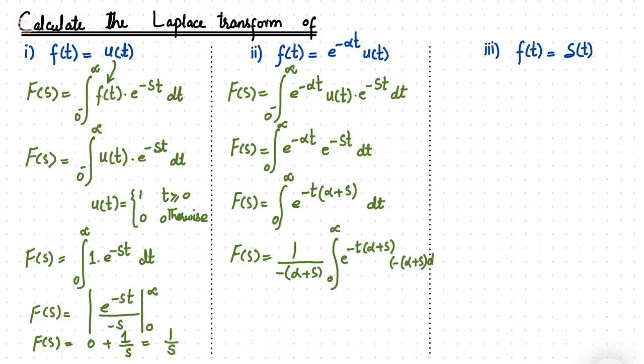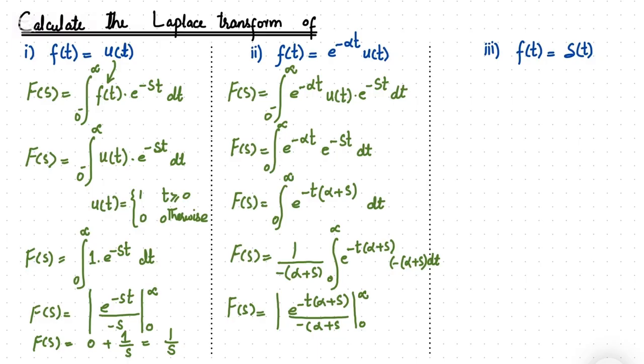Because we have the derivative of the power existing here, the integral of e raised to power minus t into alpha plus s is e raised to power minus t into alpha plus s. So F of s would be equal to e raised to power minus t into alpha plus s divided by minus alpha plus s.